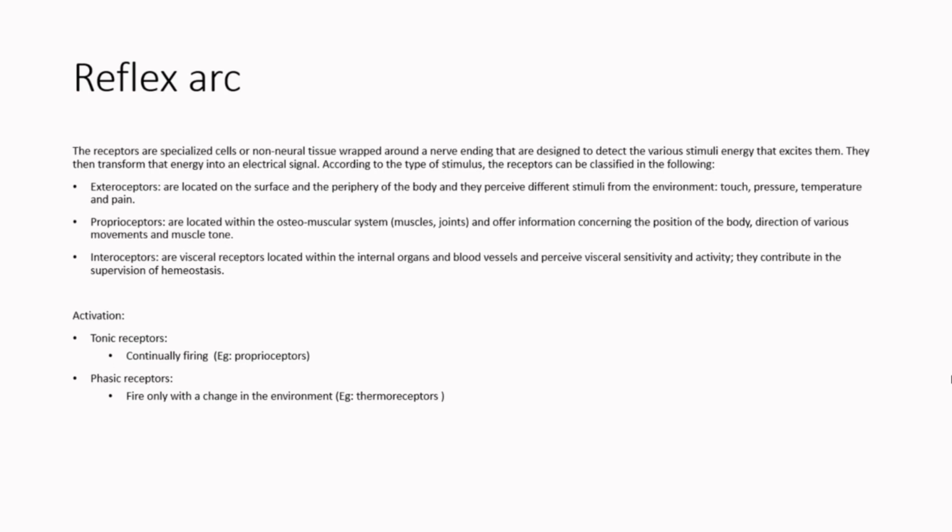And then we have the interoreceptors, which are our visceral receptors of our internal organs and also blood vessels, and they perceive visceral sensitivity and activity, and they contribute to the supervision of homeostasis.